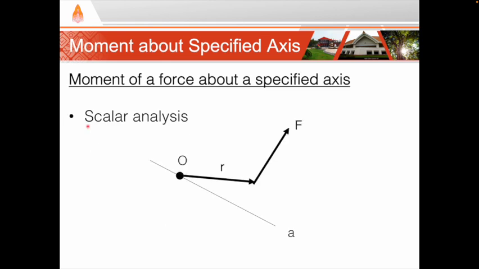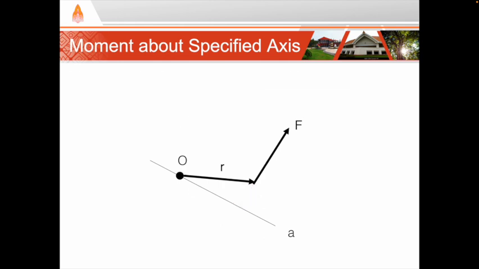In the scalar analysis, the magnitude of the moment about any axis, which we can call the a-axis, is equal to the magnitude of the force F times the perpendicular distance to that a-axis, dA. In general, the moment about any axis is equal to the magnitude of the force times the perpendicular distance to the a-axis, dA.